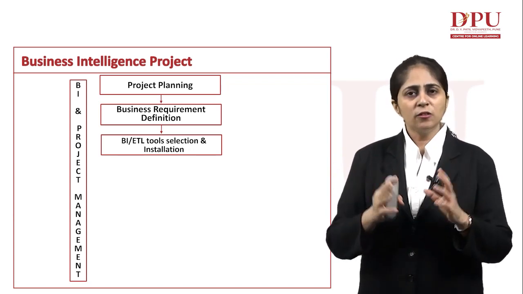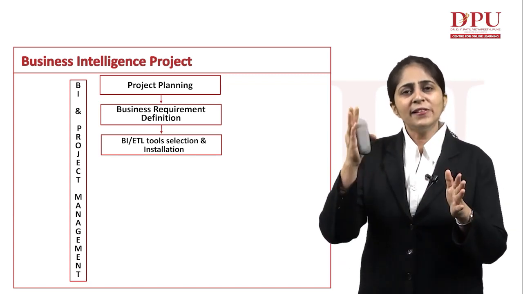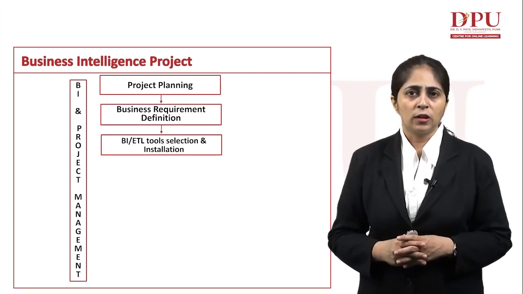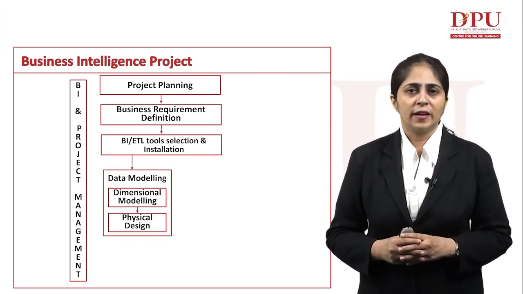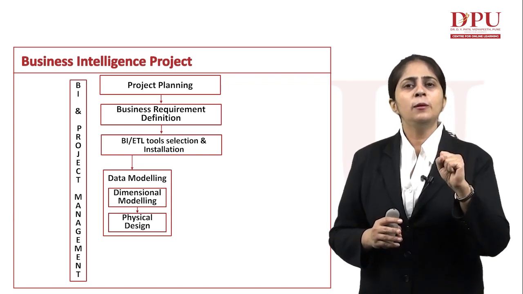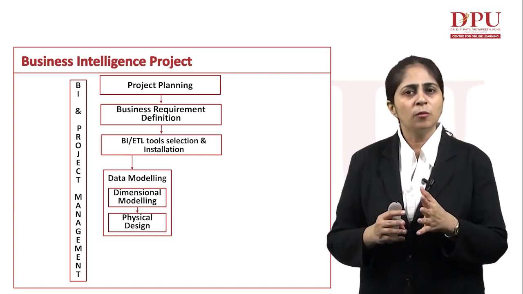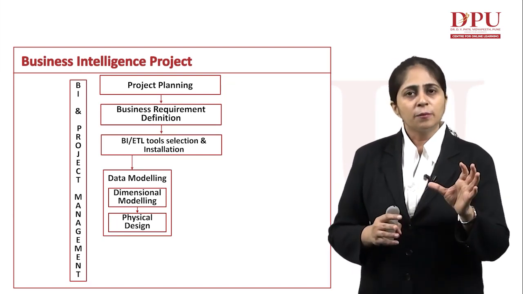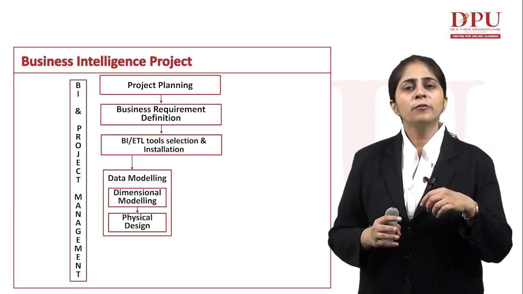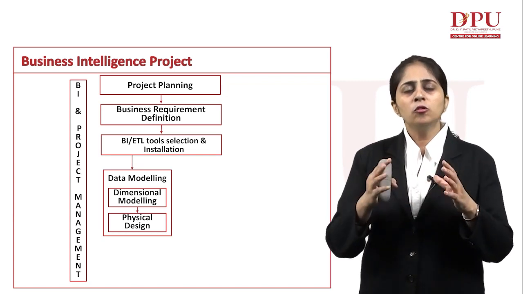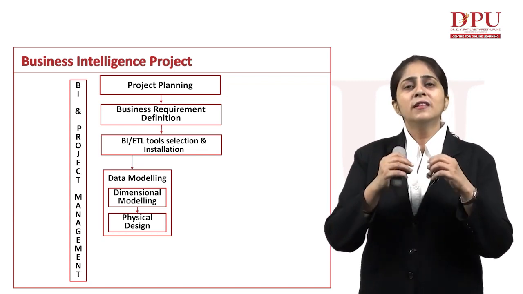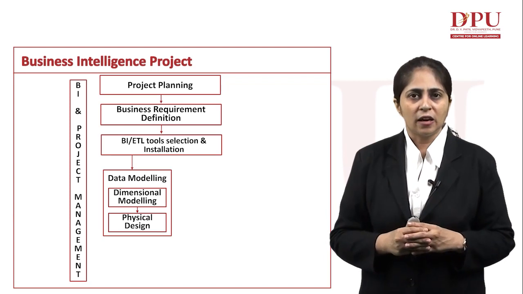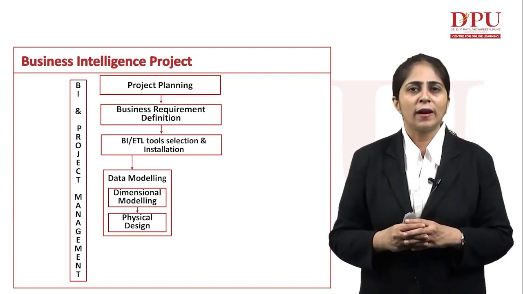Now, after the tools are selected, two processes can go along simultaneously. One is data modeling. In data modeling, we will be doing the dimensional modeling and the physical design of the project. That means in this data modeling we are going to make the physical design of our data, that is, what all data is required.